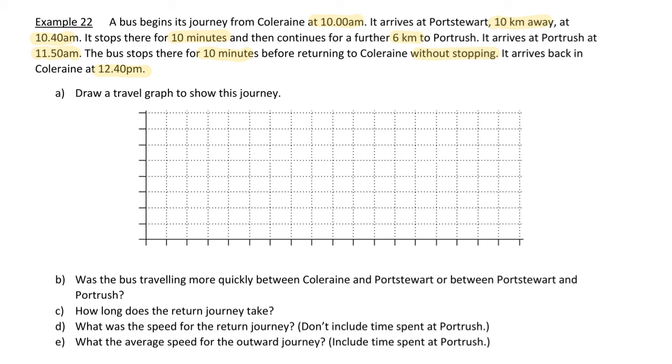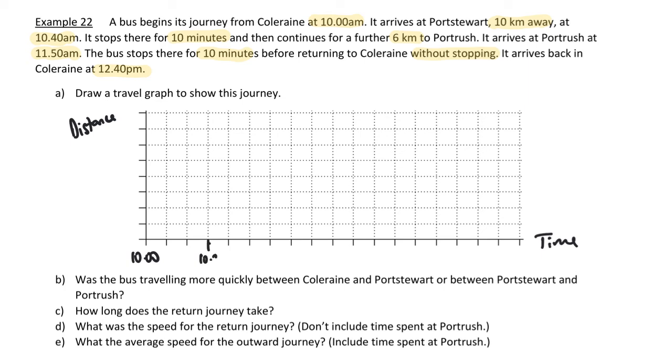So a travel graph always has time on the x-axis and distance on the y. The journey starts at 10 a.m., and we've got enough space to make each square worth 10.